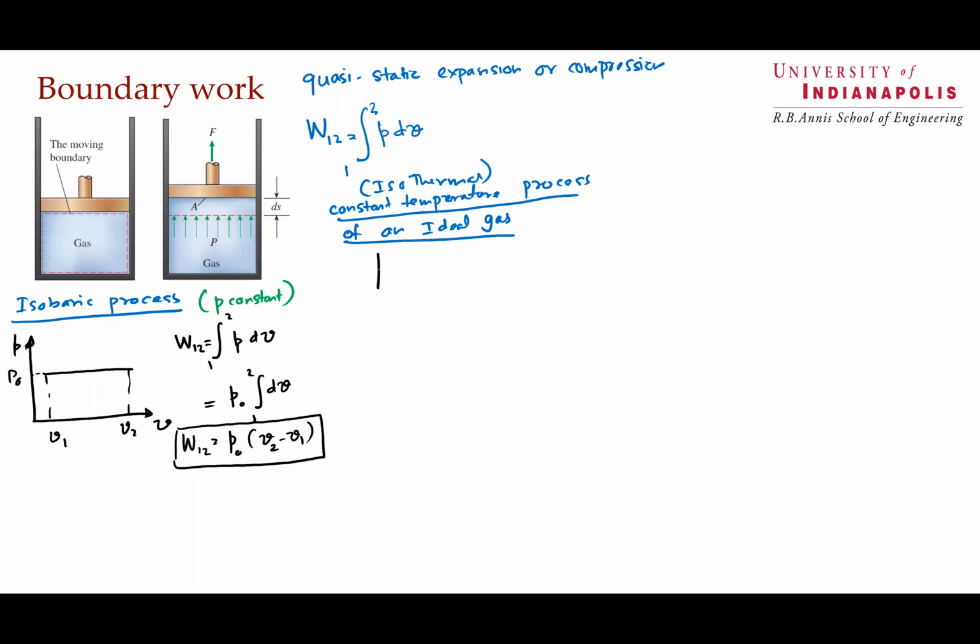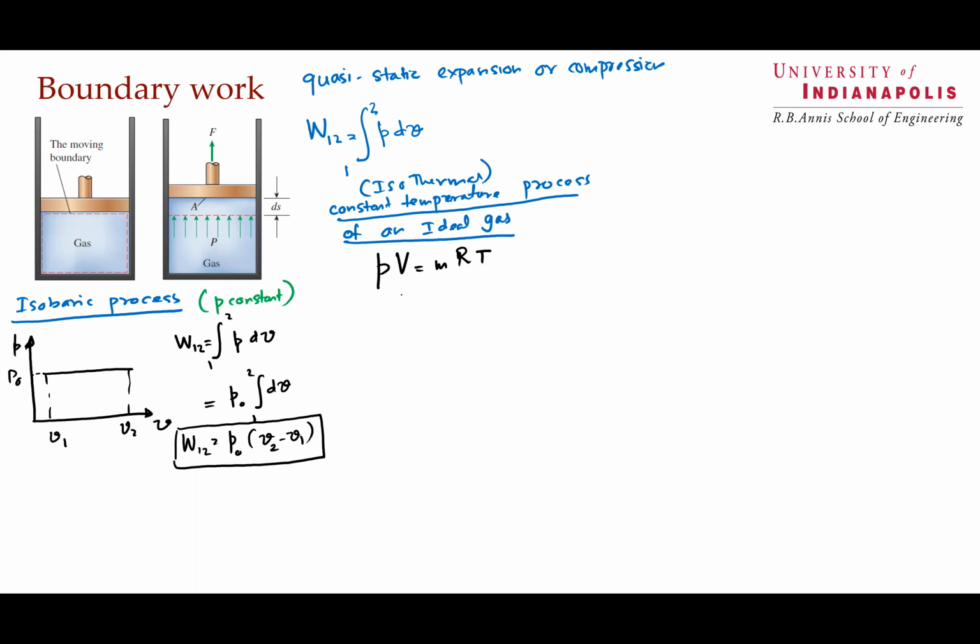ideal gas equation PV equals mRT. This is pressure, total volume, mass of the system, and R is the gas constant, T is temperature. Okay, P pressure, total volume, mass, gas constant, and temperature.